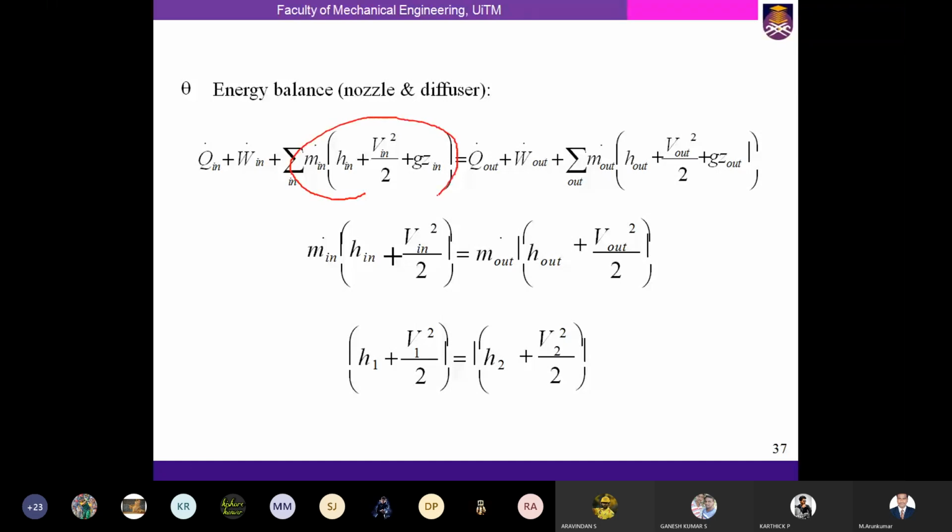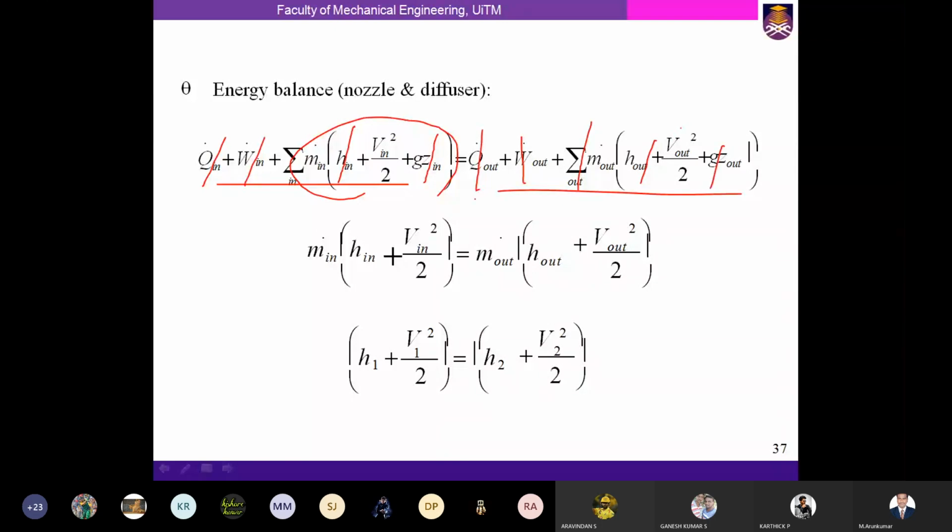This is the energy equation, this is in, then this is out. So we can neglect these: there is no potential energy, there is no W, and there is no Q. So we can strike these out.